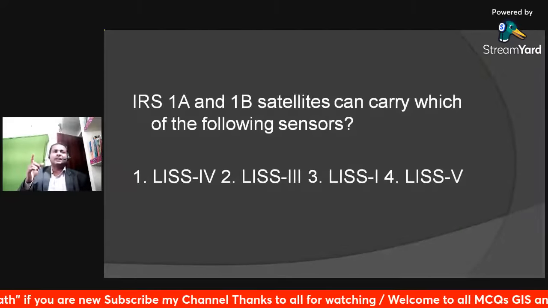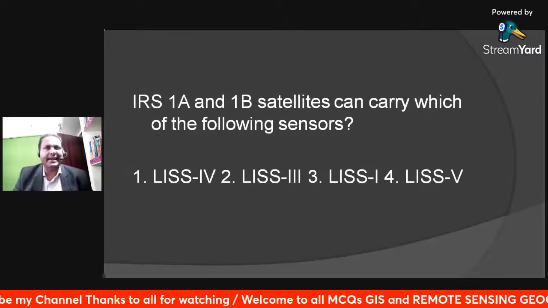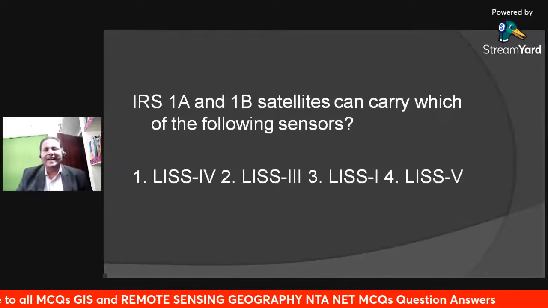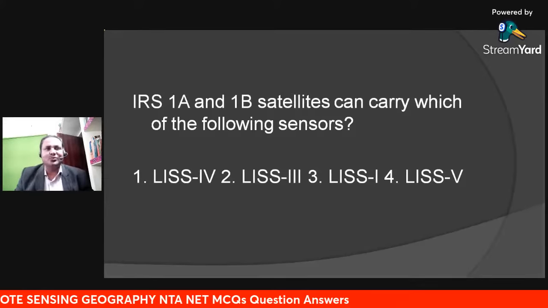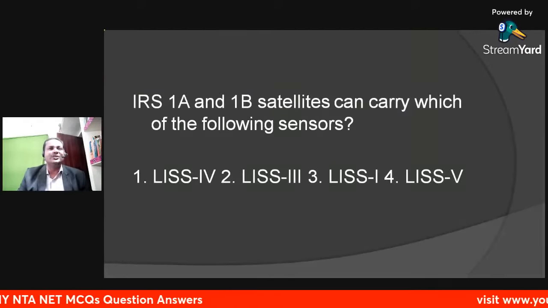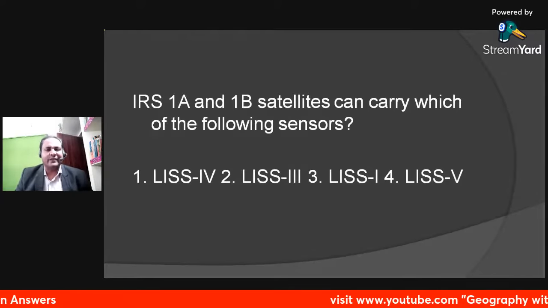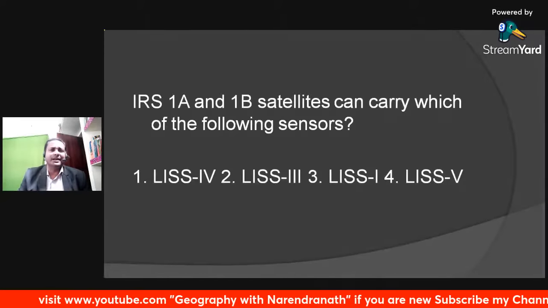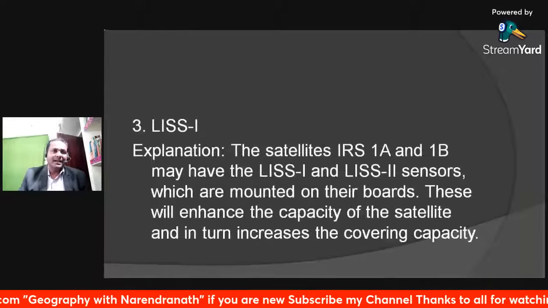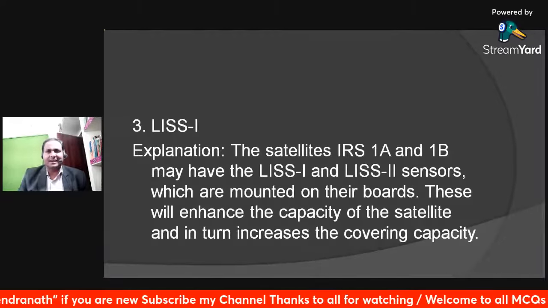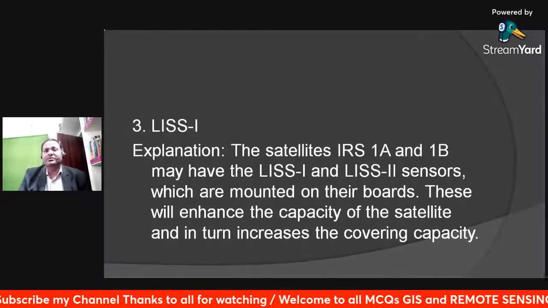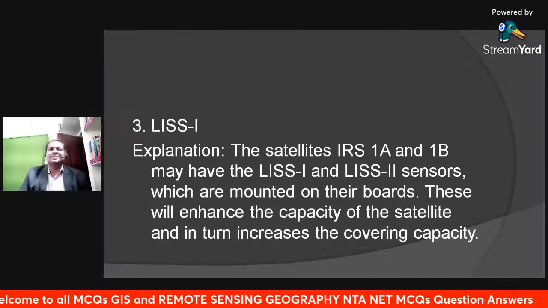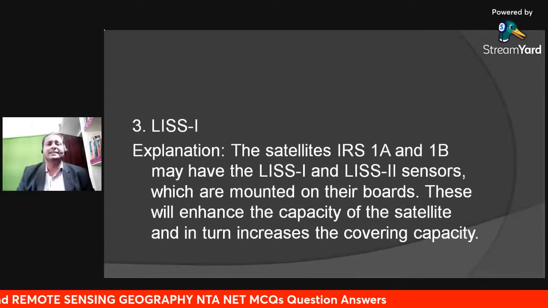IRS-1A and 1B satellite can carry which of the following sensors: LISS 4, LISS 3, LISS 1 and LISS 5? Very interesting question. IRS-1A, as you know, was India's first satellite. Basically, the IRS-1A and 1B satellites have LISS 1 and LISS 2 sensors mounted on board, which enhance the capacity of the satellite and in turn increase its covering capacity.